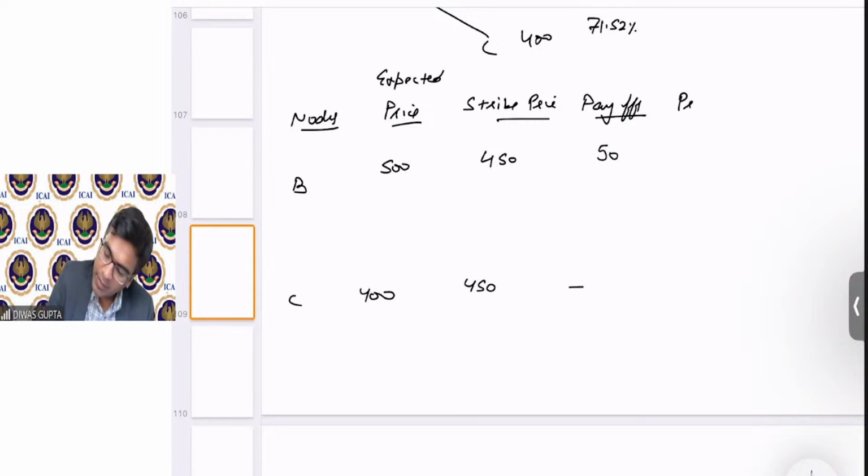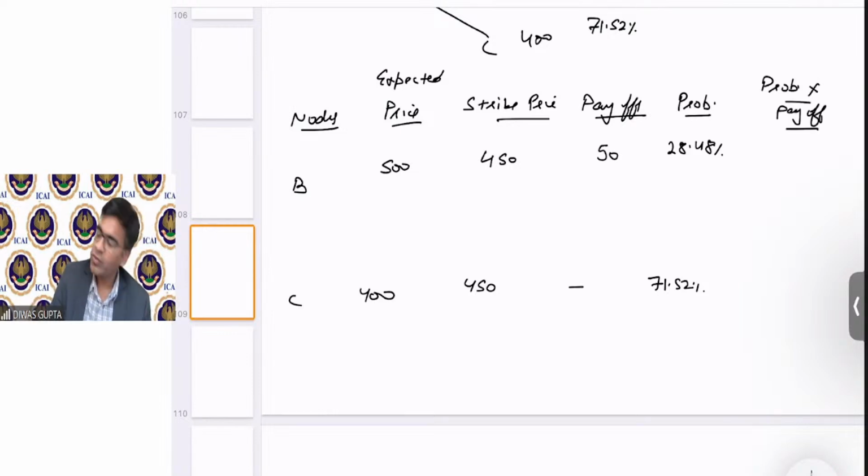Then the probability is 28.48 percentage, students. This is 71.52 percentage. So probability into payoffs, we can multiply 50 into 28.48 percentage.